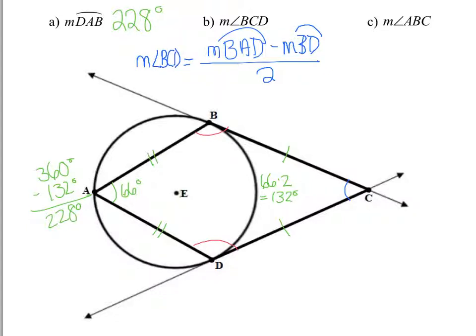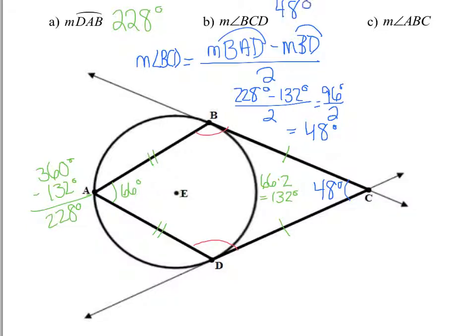Well, BAD is 228 degrees. BD is 132 degrees, divided by 2. So that's 96 degrees divided by 2, which gives us 48 degrees. So this angle right here is going to be 48 degrees.